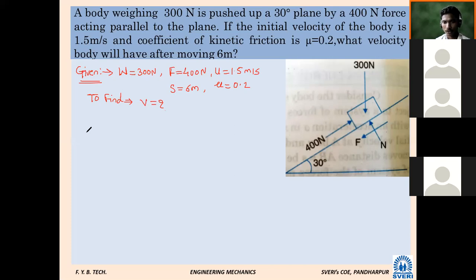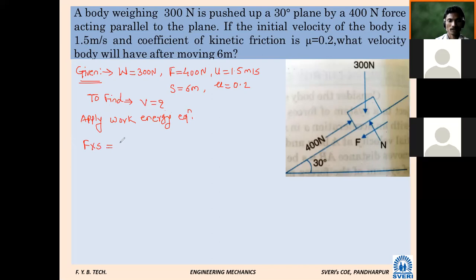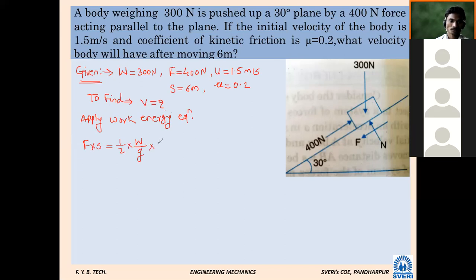Instead of going into depth, let us apply the work energy equation directly, with the terms which are not known, and then we will think how to find them. What is the work energy equation? F into S equals 1/2 W upon g into V square minus U square.